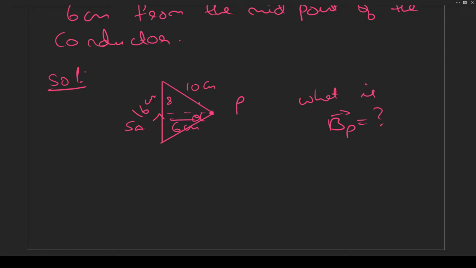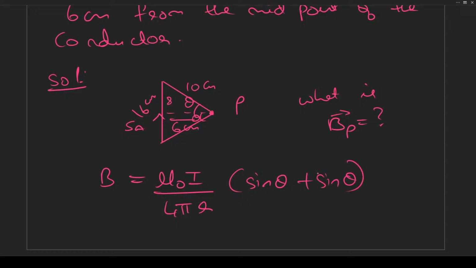This is angle theta, and this is also angle theta. Now the formula for B at P is mu naught I by 4 pi r times sine alpha plus sine beta, but since both are theta here, we will take it as 2 sine theta.